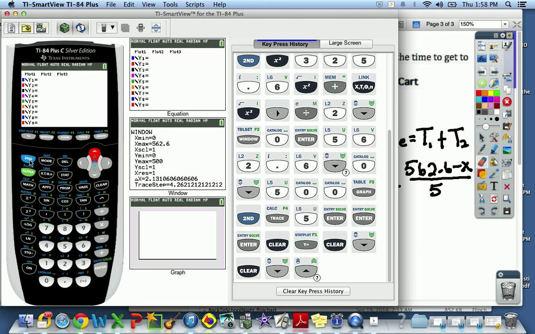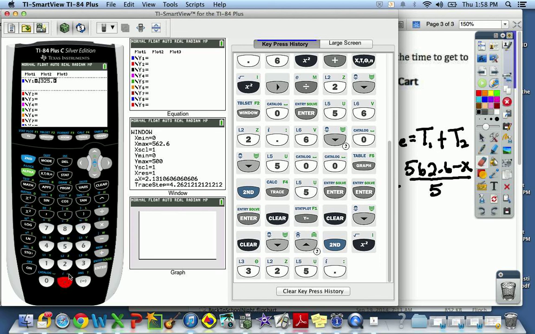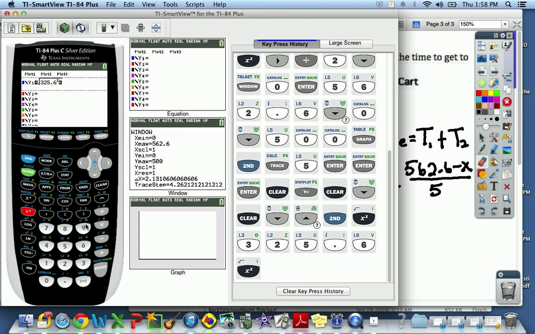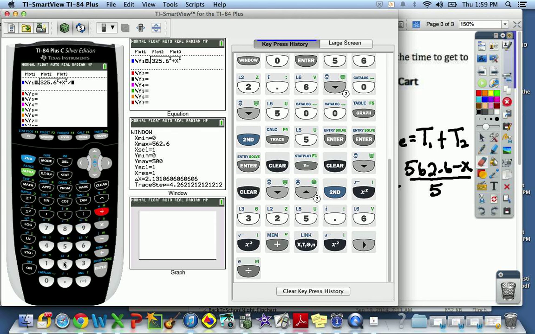So we'll go to the calculator in y1. We'll type in the square root of 325.6 squared plus x squared. We'll get out of the square root portion there. We'll divide by 2.